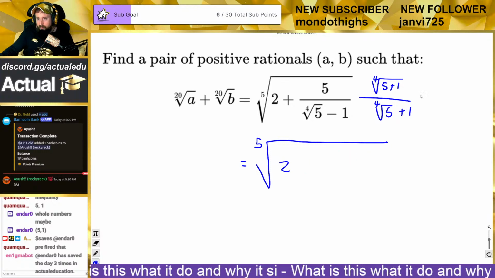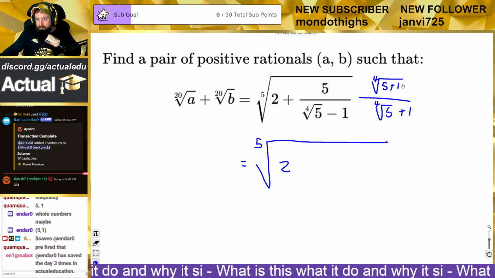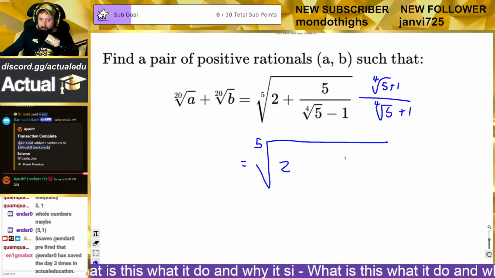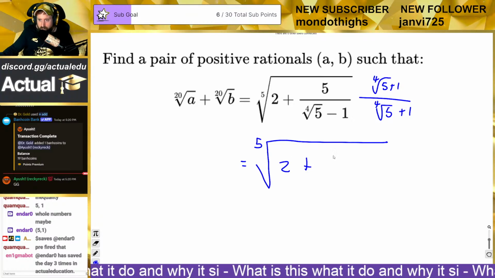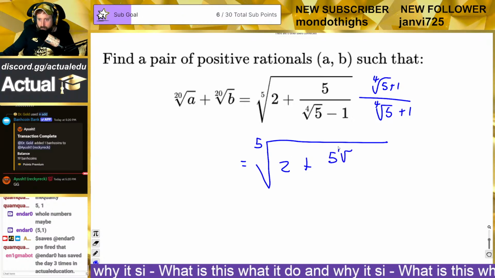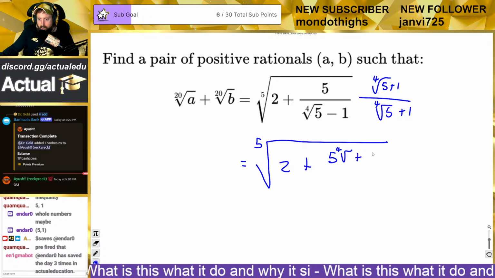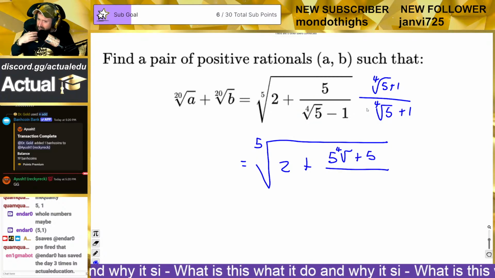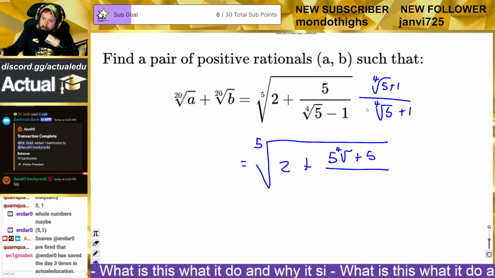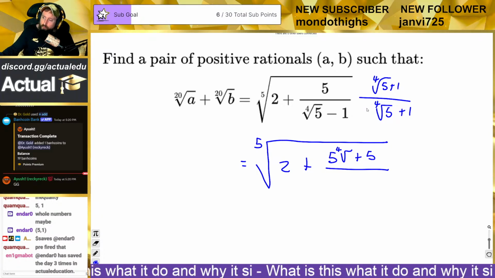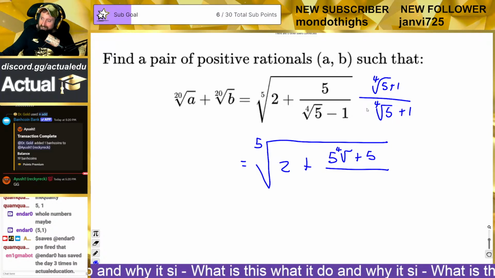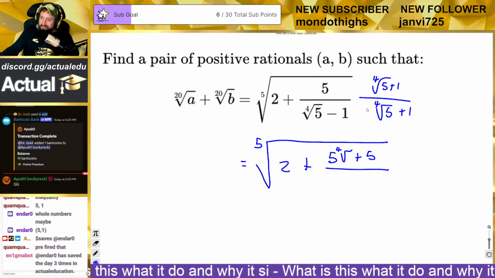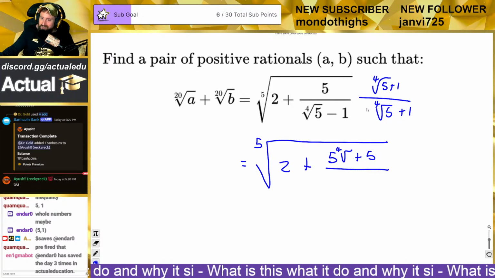Sorry, they're not under the same radical, are they? Okay, sorry. I wrote this wrong. Like that. Okay. 2 plus, this is going to be 5 rad 4 plus 5 all over this times this. Oh, wait, but these are 4th roots, not square roots, are they? Oh, man.